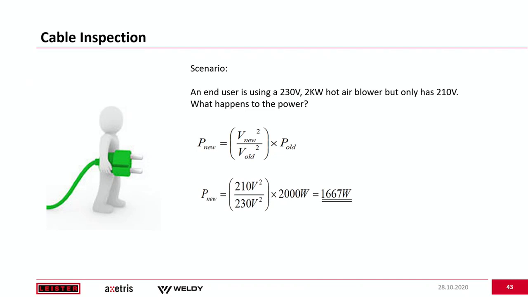So what does that mean for our manufacturing process? Well, now, since we have an under voltage situation, you have a tool that provides less kilowatt output by 333 watts specifically. So when you think about your process, what is that going to do? Well, it could do a couple of different things. It could actually slow down your manufacturing line.